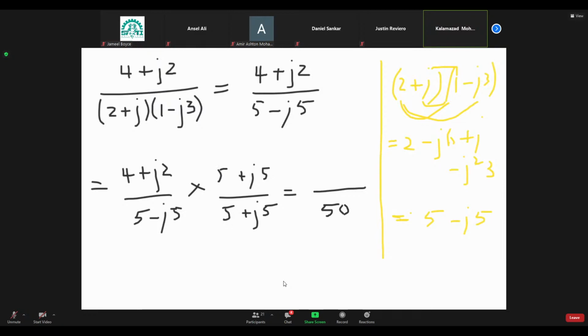All right. So it's 4 plus j2 by 5 plus j5, which works out to be 20 plus j10 plus j10 plus j squared 20.